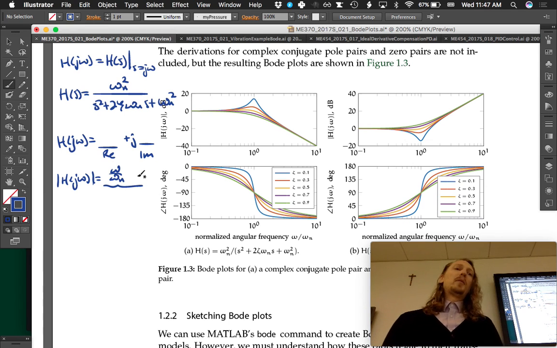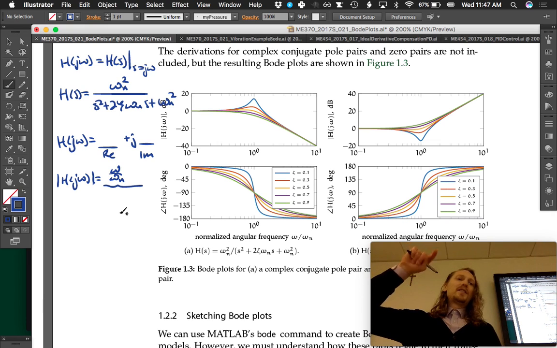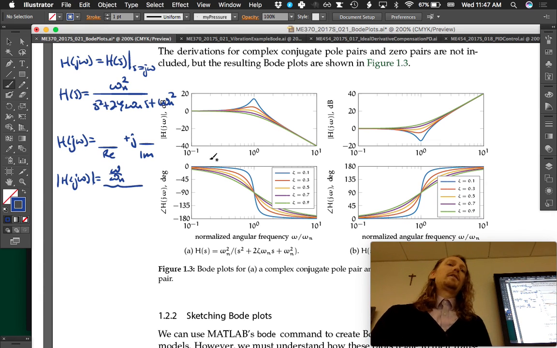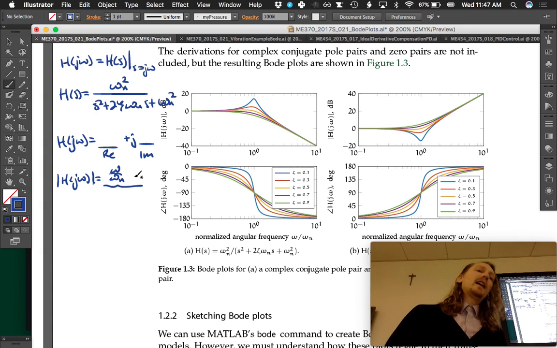So we can plot our new variable omega over omega n, which is, once again, dimensionless, which is convenient, and it allows us to plot fewer plots. However, we still have this zeta that's floating around, so we can't get rid of that by making it dimensionless somehow. So we have to plot different values of zeta.